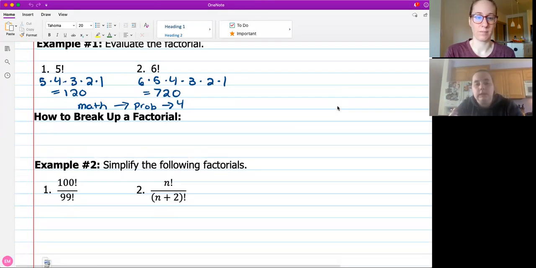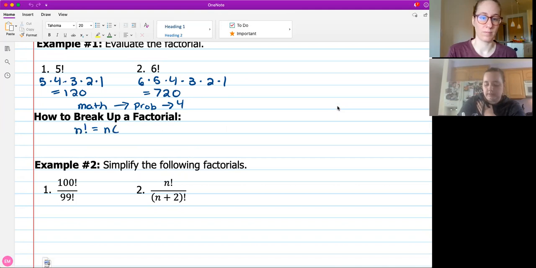Okay, so the next thing we need to talk about is how to break up a factorial. So factorials aren't just numbers, you can have variable factorials. So to break up a factorial, n factorial would be equal to n times n minus 1 factorial.